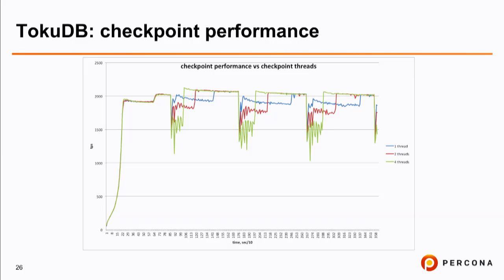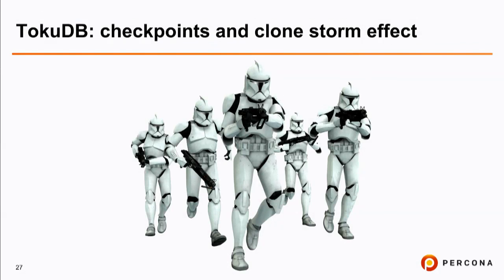Here's an illustration of how checkpoint influences I/O, and the relation between the number of threads for checkpointing and the shape of the I/O curve. This is the so-called constorm effect.